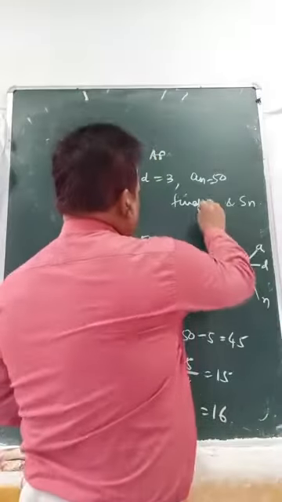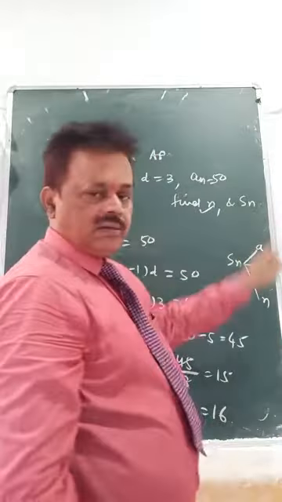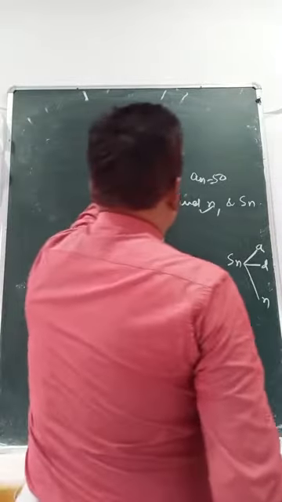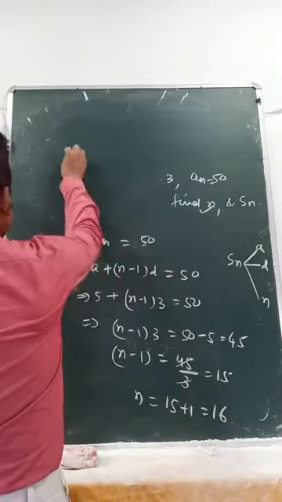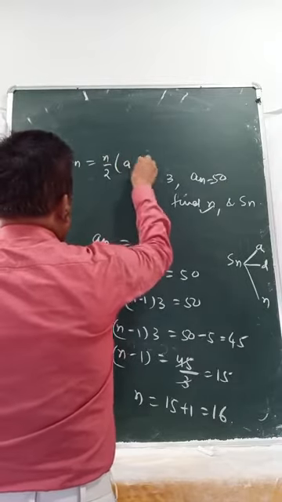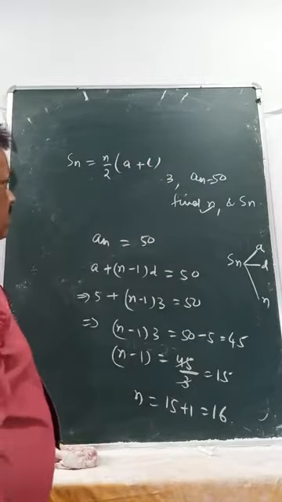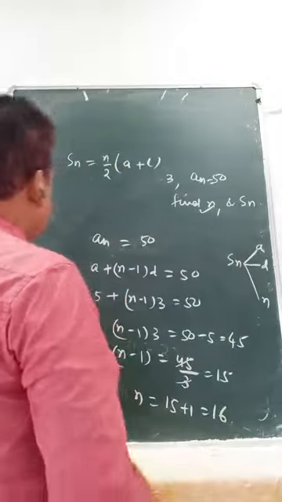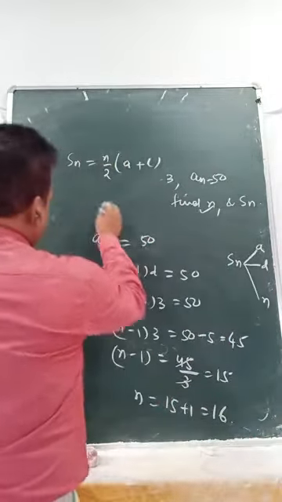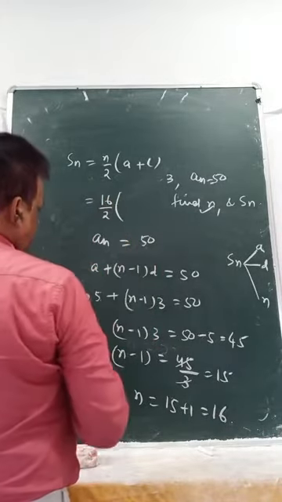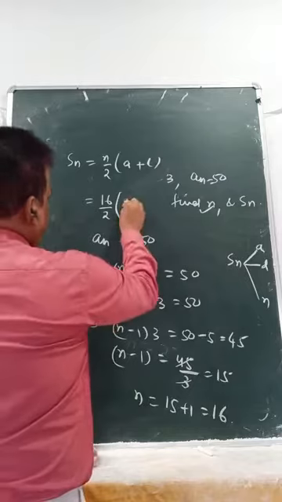So you got N. Now Sn. Sn equals N by 2 (A plus L). Why A plus L? Because An means the last term is given. So N is how much? 16. 16 by 2. A is how much? 5.